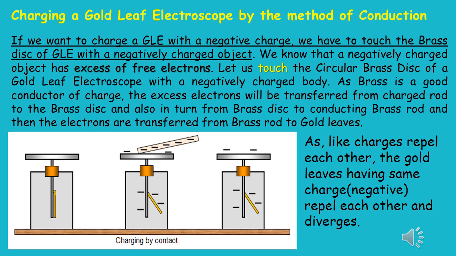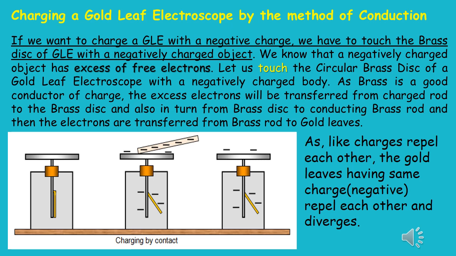Now both the gold leaves contain the same kind of charge because both of them are now containing excess of free electrons. Both of them are negatively charged. As we know, like charges repel each other. So the gold leaves having same kind of charge will repel each other and we will see a divergence in the gold leaves.